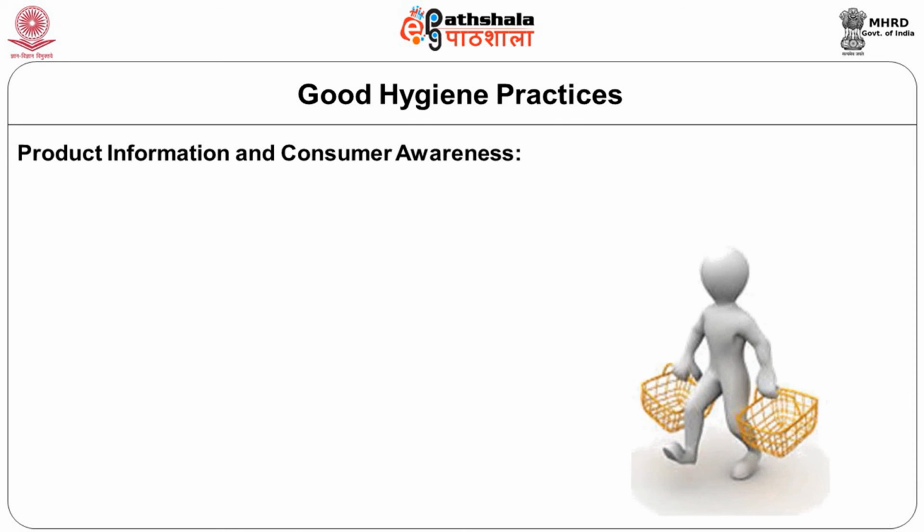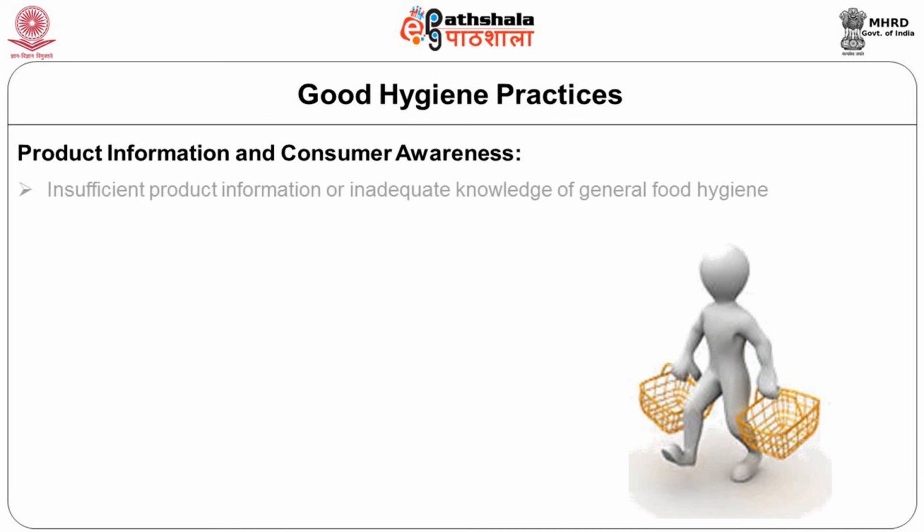The most important one to keep in mind is finally that product information and consumer awareness also are part of food hygiene practices. If people are not giving all the information about the product, there is the likelihood that the consumer may misuse it. Inadequate knowledge of general food hygiene can lead to products being mishandled at a later stage in the food chain.